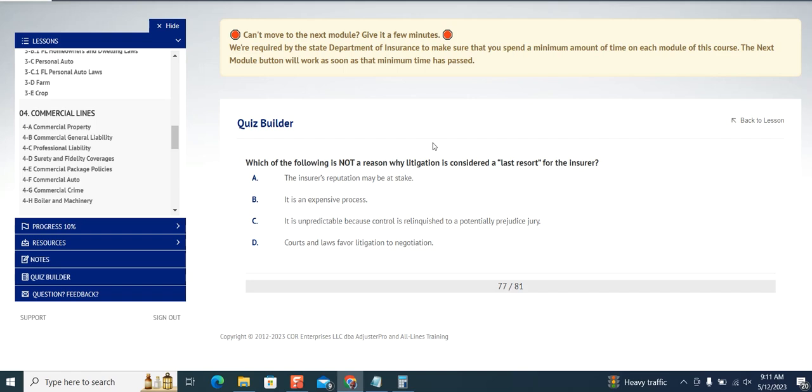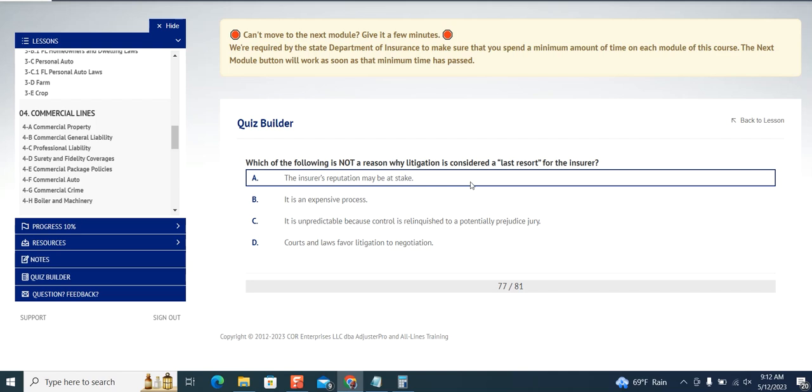Okay, which of the following is not a reason why litigation is a last resort? This is the guessing game. What's not a reason for last resort? I don't know, man. I can't even think straight right now. What y'all think it is?